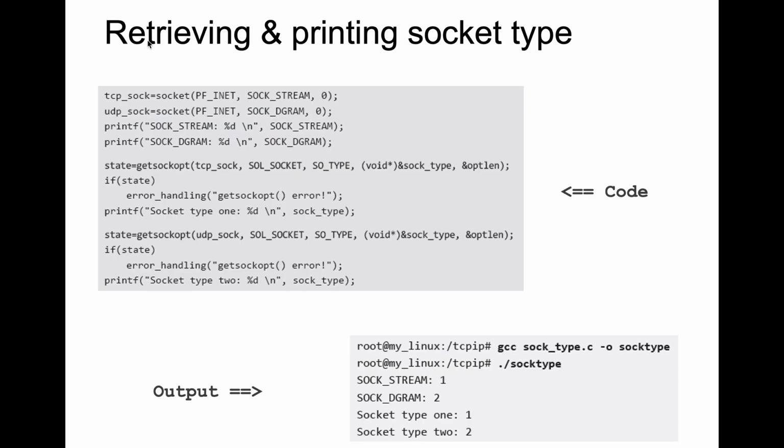Alright, so for example, we can try to check the parameter that we provide to create a socket, which is the socket type. So this value is the type of the socket. The socket's type was, for example, here TCP socket stream, and the next one was UDP.